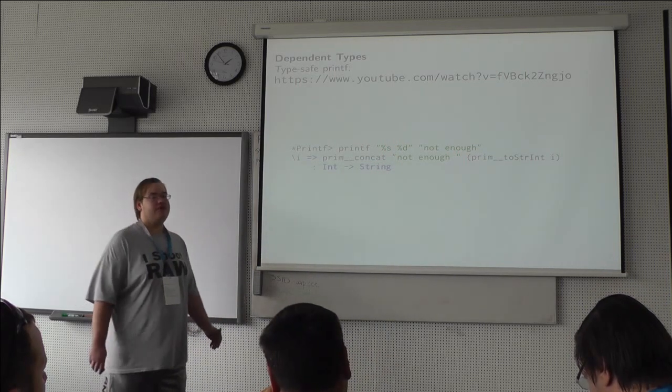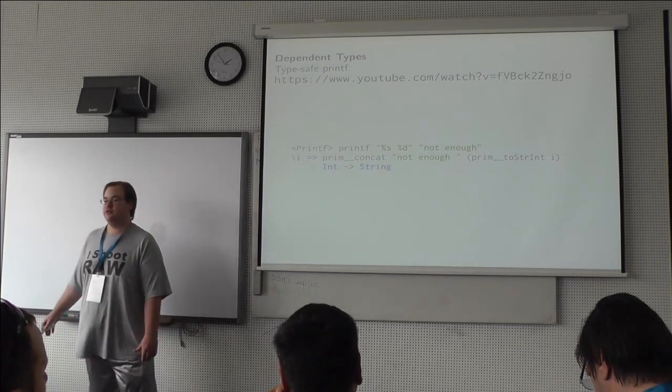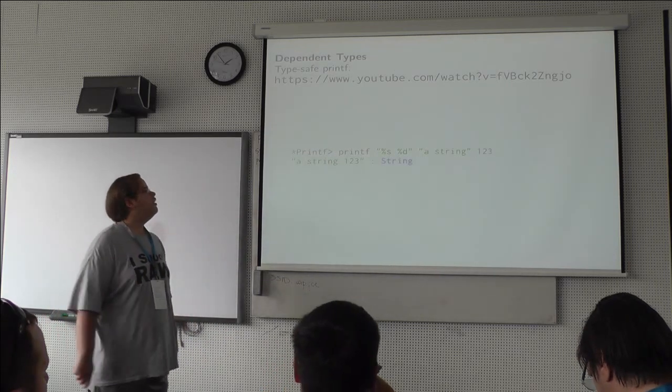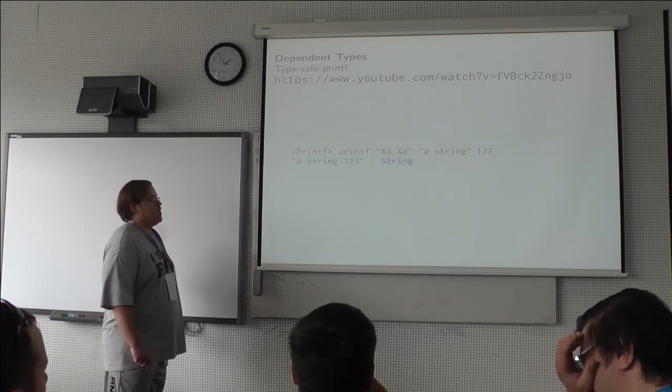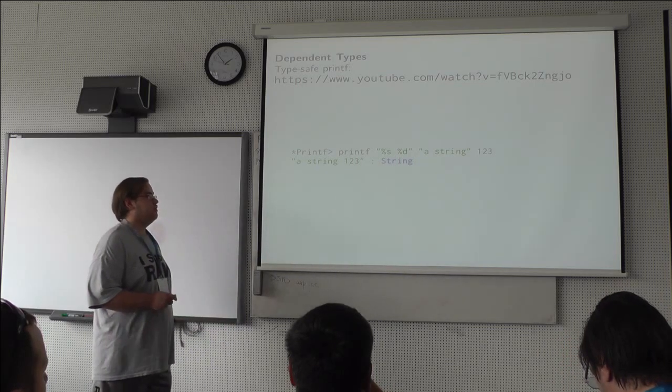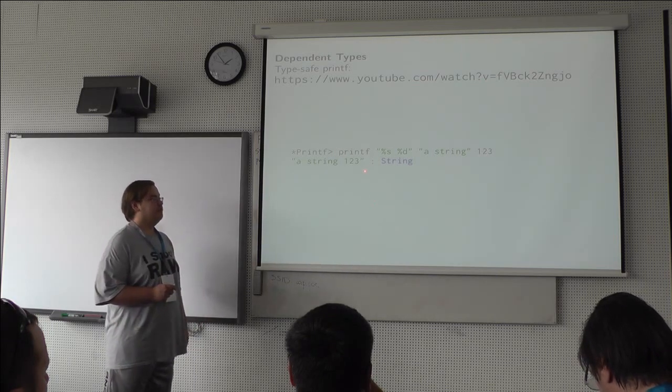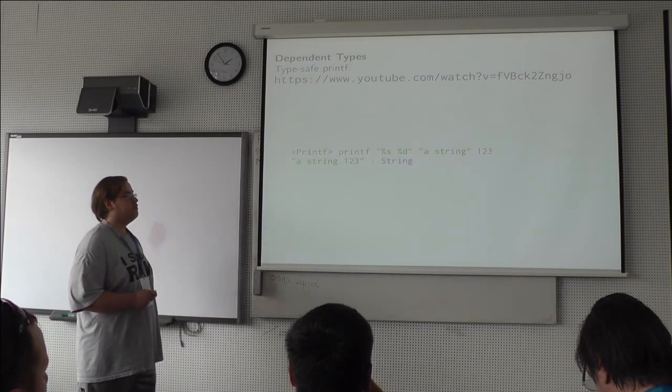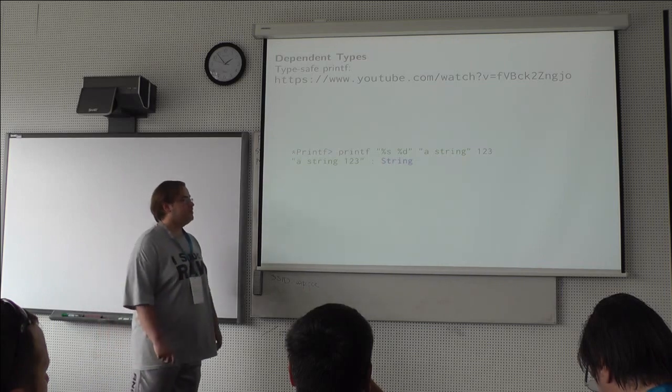It won't type check because you haven't given enough arguments to the function. And here's a non-counterexample where it's actually doing what it's supposed to. I pass it the format string, a string, and a number, and it does what you expect.